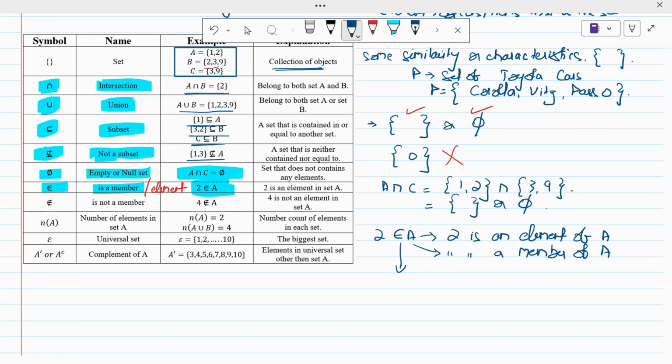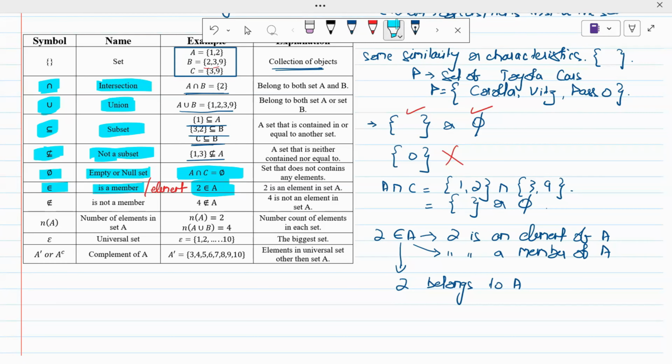You can also read this as 2 belongs to A. These are the different ways of reading this symbol, belongs to or a member of.